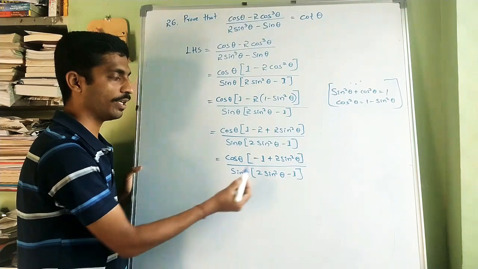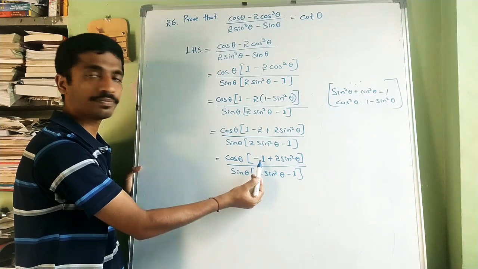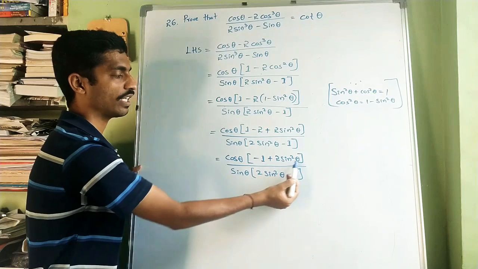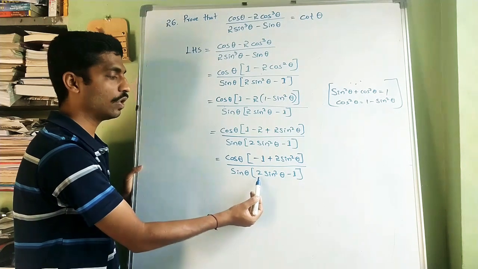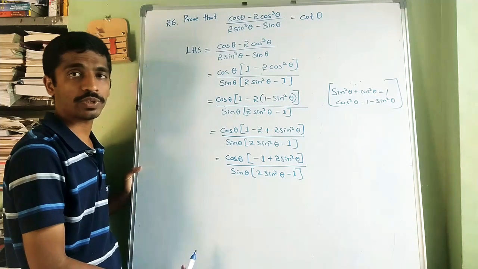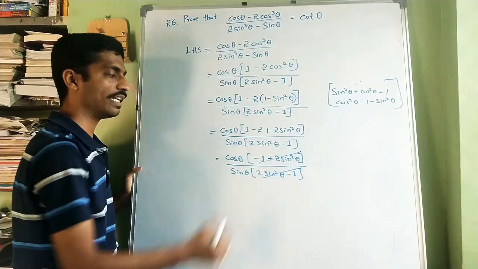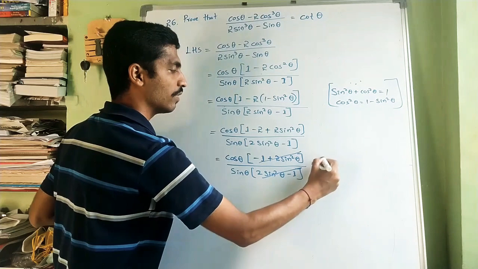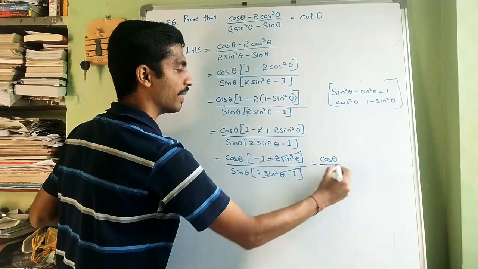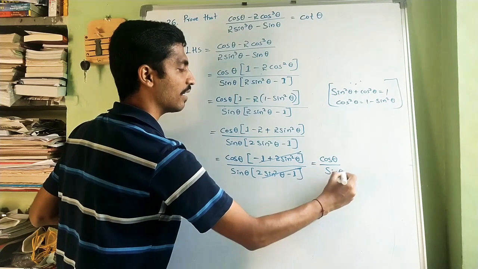Observe properly. In the numerator minus 1 plus 2 sin square theta is there. At the denominator 2 sin square theta minus 1 is there. Both are the same, so they get cancelled. What is left? Cos theta divided by sin theta.